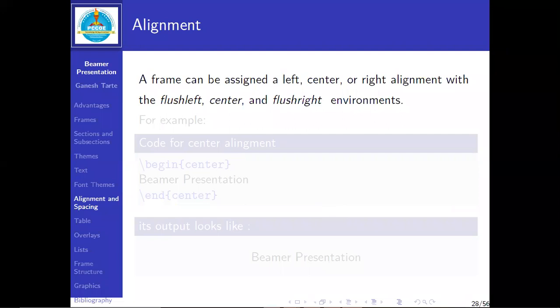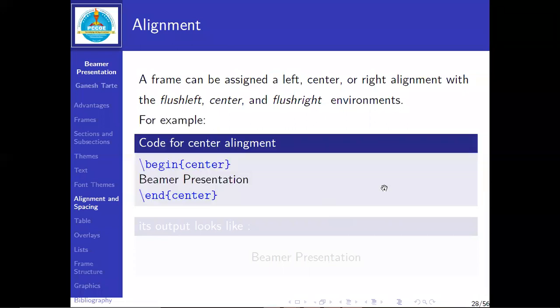Now alignment. This was covered in the first session, but still, for the frame we have three types of alignment: left, center, or right. For aligning the text or frame, we use special commands. The code for center alignment: whatever you want to present centrally aligned, just add those words in begin center and end center, and here is the output.